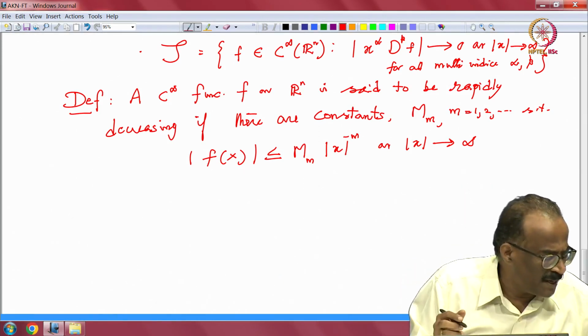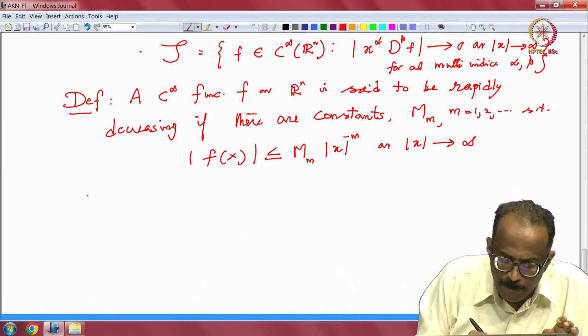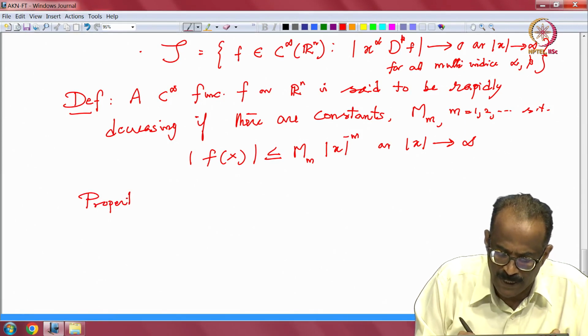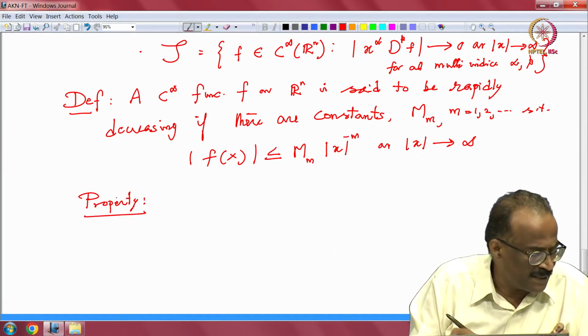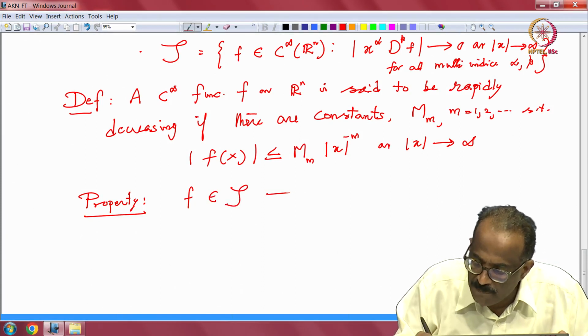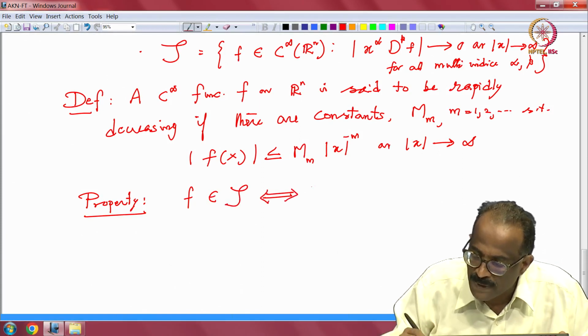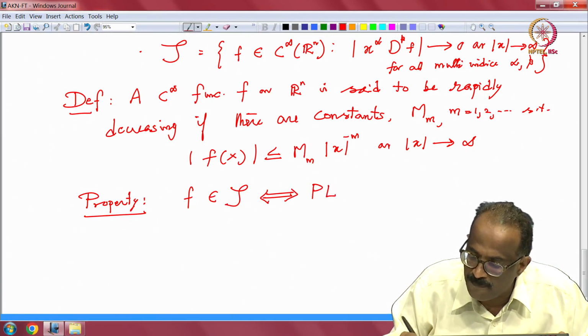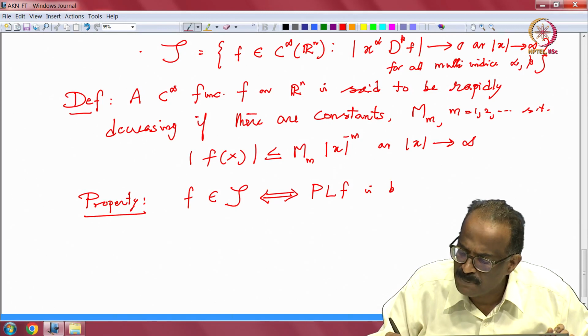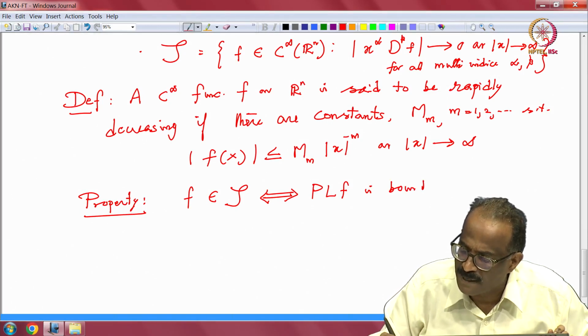I will just write a property and then I will stop, because this property is probably already done, but the property is easy. f is in the Schwartz space if and only if P times D^alpha f is bounded in R^n. These are all small exercises actually.